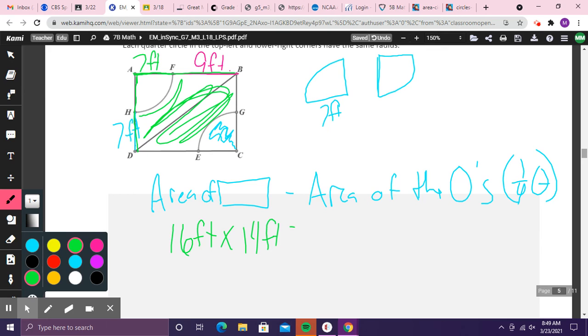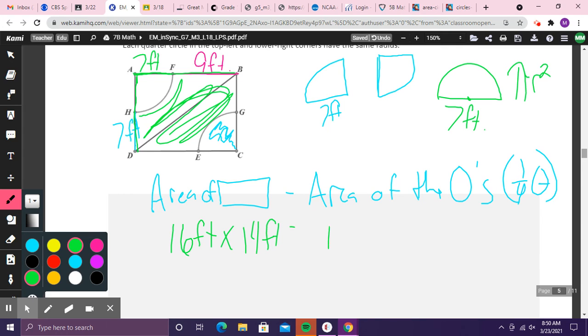Well, I have 2 quarter circles here, and their radius is 7 feet. So technically I have this shape, right? If I take them and piece them together, their radius is 7 feet. So I'm trying to find the area: pi times the radius squared.